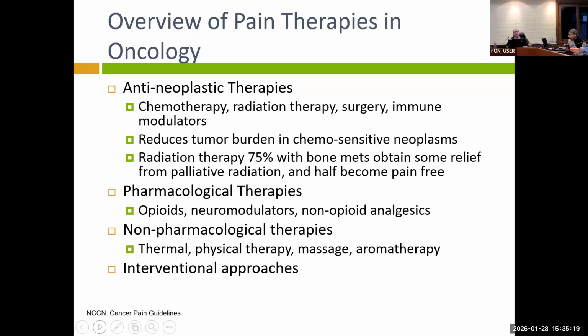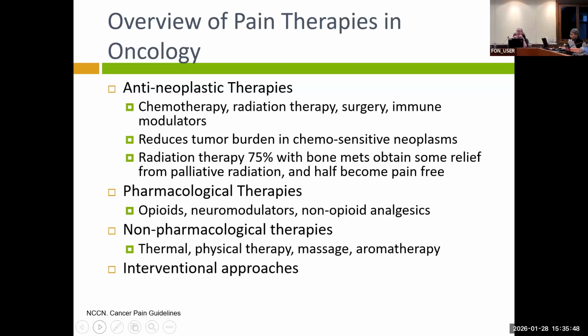So now what I'm going to do is a brief overview of pain therapies in oncology. The first one is chemotherapy, radiation therapy, surgery, immune modulators. And the reason we're using these is all of them are to shrink the number of cancer cells.